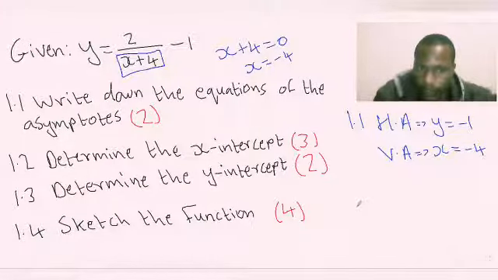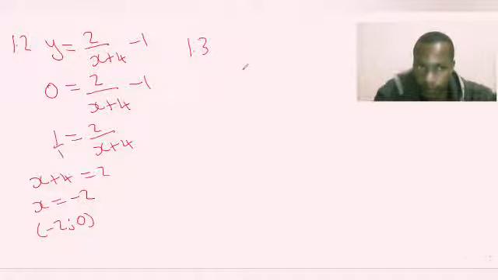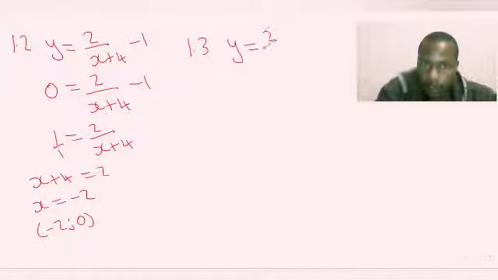Now let's move on to the y-intercept. That would be 1.3. Determine the y-intercept. For the y-intercept, we need to let x equal 0. So y equals 2 divided by, where there is x, we would sub in a 0.